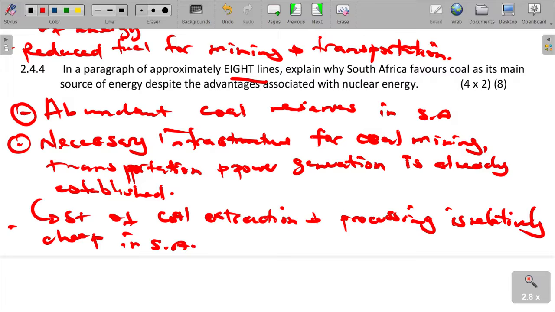And then we can also talk about transition to other energy sources would require substantial investment.